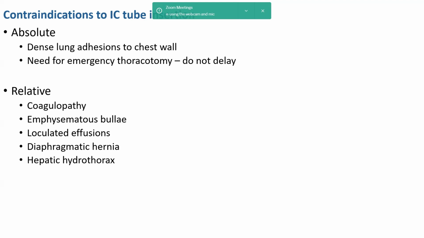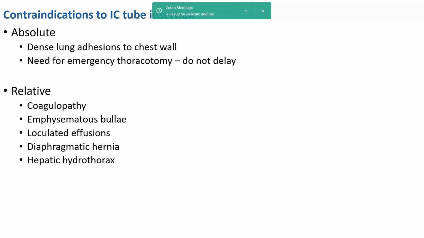And there are some relative contraindications such as coagulopathy, emphysema, bullae, loculated effusions, patients with diaphragmatic hernia, and hepatic hydrothorax. That's another condition where recently we also got confirmation. With chronic liver disease, they get recurrent pleural effusion, so the recommendation is actually not to go for IC tubes.